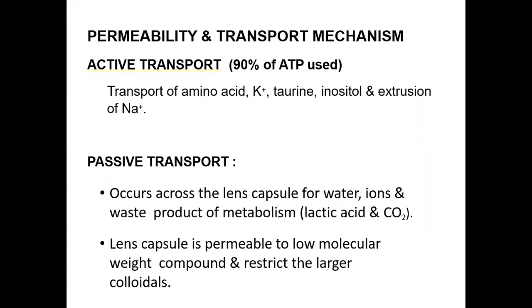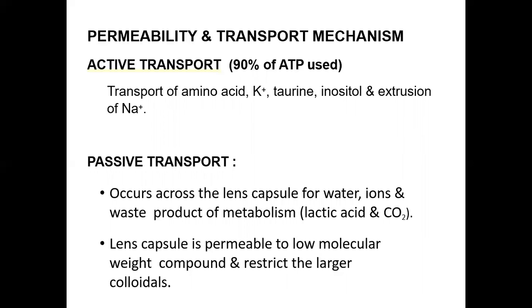Permeability and transport mechanism. There are 2 types of transport mechanism present in the lens: the active transport mechanism and the passive transport mechanism. Active transport uses ATP, and 90% of transport takes place by active transport. It transports amino acids, potassium, taurine, inositol, and the extrusion of sodium ions.